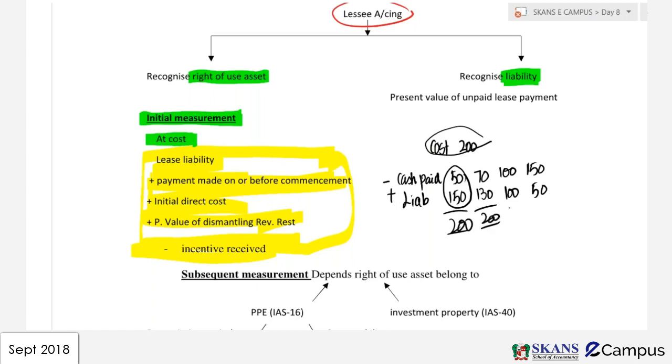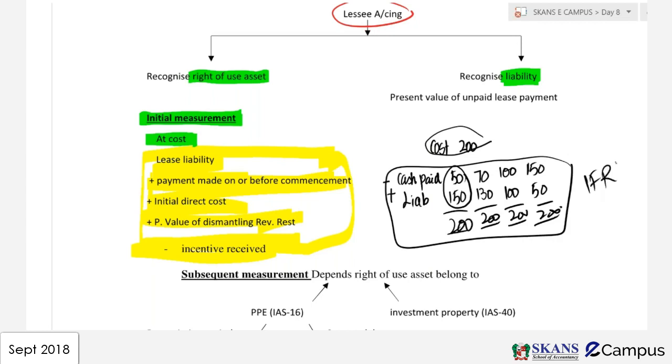This is the basic concept in IFRS 16 leases. If you want to book the asset's value, just check what you have already paid and what your liability is. Then combine them, and you'll get the asset cost. So this is the concept.